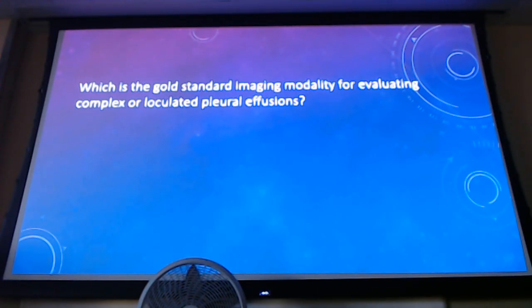Okay. All right. What's the gold standard for imaging in evaluating a complex or loculated pleural effusion? CT chest. With or without contrast? With. Good.